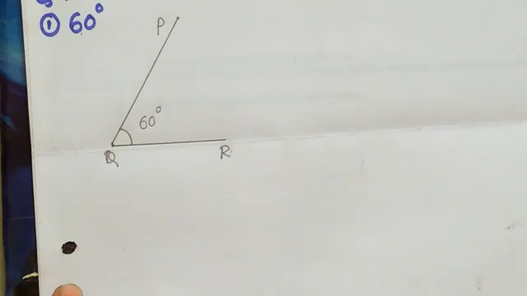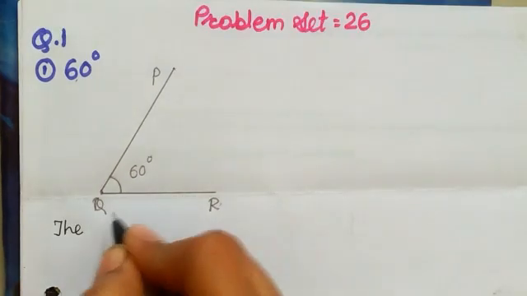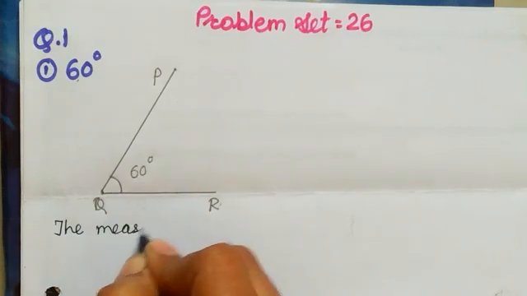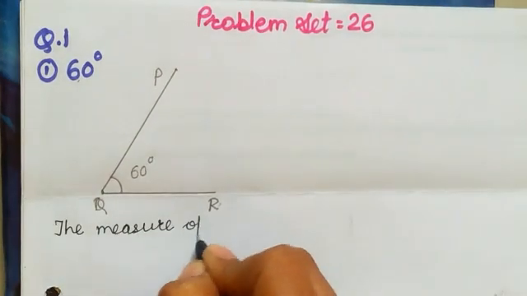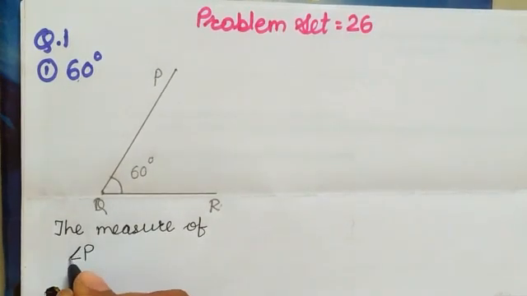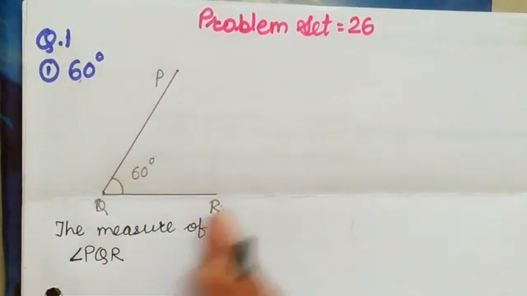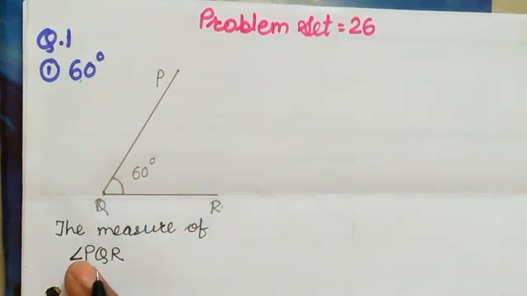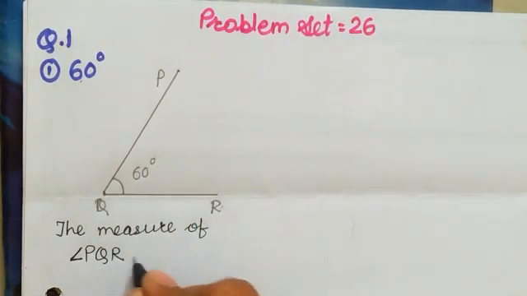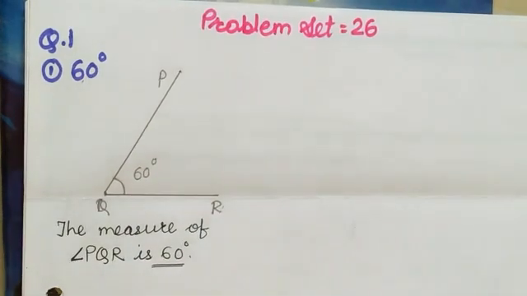Now below this we have to write the measure of angle. This is the symbol of angle which I have told you earlier. Angle PQR, the name of our angle, the measure of angle PQR is 60 degrees.